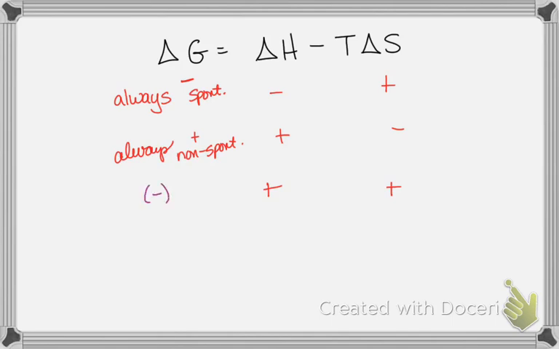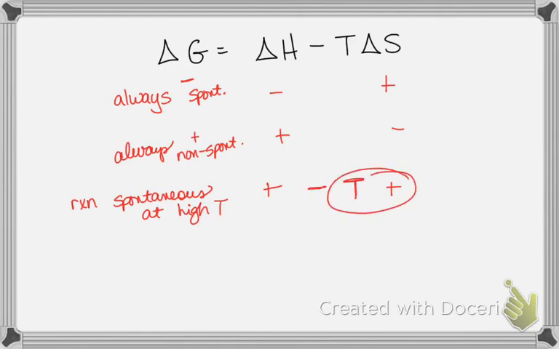What's it going to take to make G negative to make the reaction be spontaneous? It's going to take a high temperature. So the reaction is spontaneous at high temperature. So see, if T was high enough and this value was positive, then when you subtracted it, it would make the delta G negative.